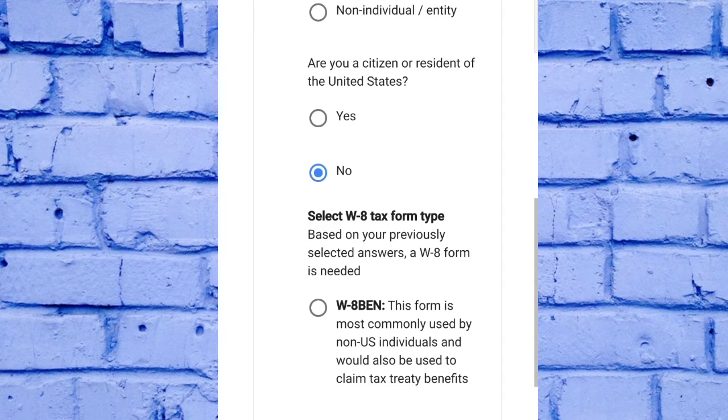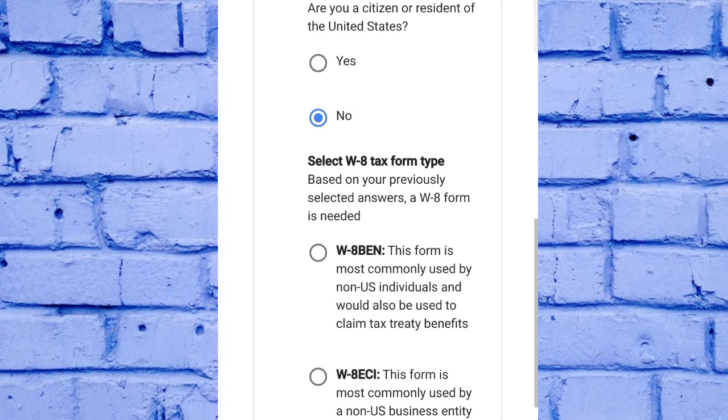So, select W8 tax form type. Based on your previously selected answers, a W8 form is needed. So, first choice is W8BEN. This form is most commonly used by non-US individuals and would also be used to claim tax treaty benefits.